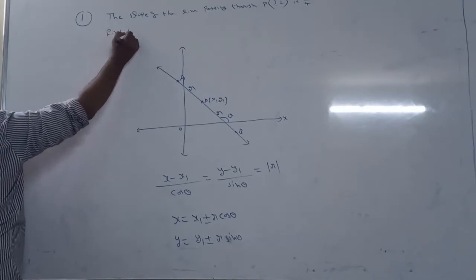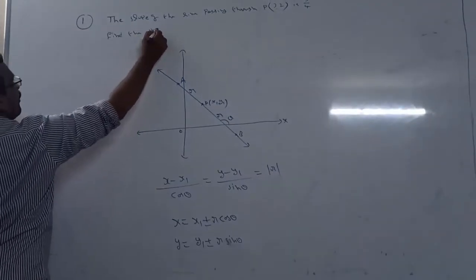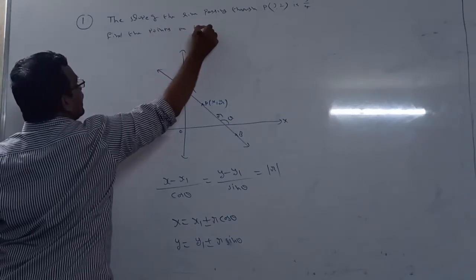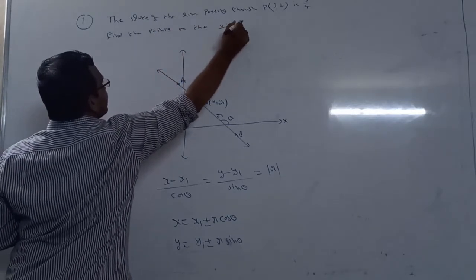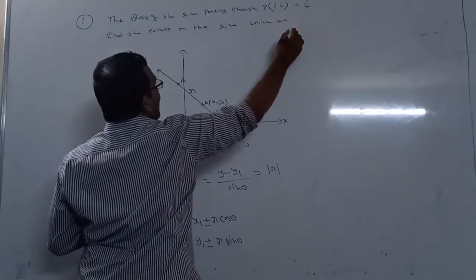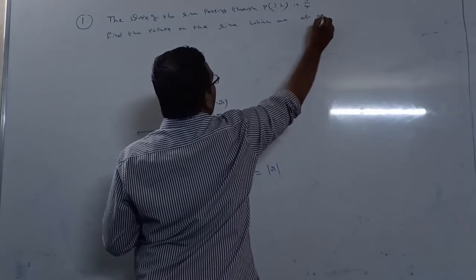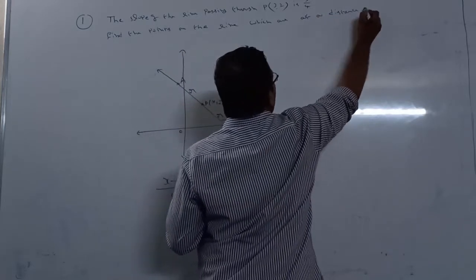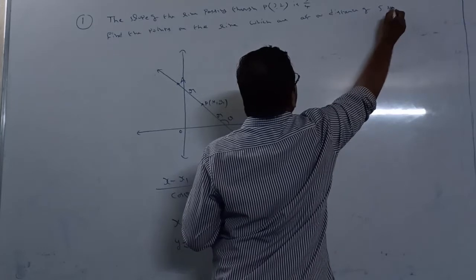Find the points on the line which are at a distance of 5 units.